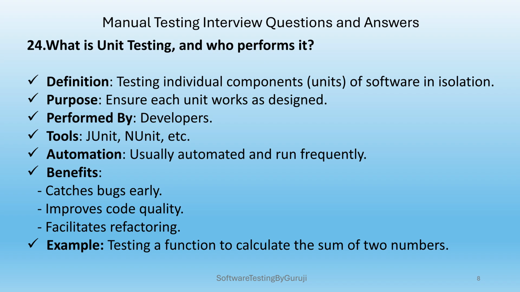Tools used for unit testing are JUnit, NUnit. Automation: usually automated and run frequently. Benefits of unit testing: catches bugs early, improves code quality, facilitates refactoring. Example is testing a function to calculate the sum of two numbers. This is all about unit testing and the developer will perform it.